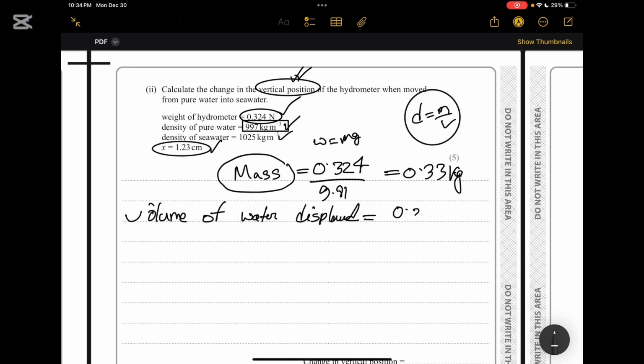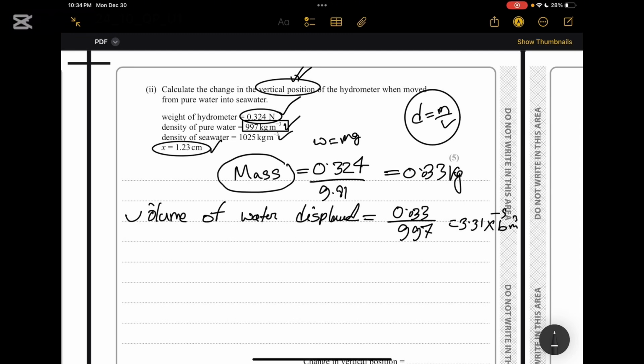Mass is 0.33 divided by 997 kg per cubic meter. So the value comes as 3.31 times 10 to the power minus 5 meter cube. So we have calculated the volume of pure water displaced.